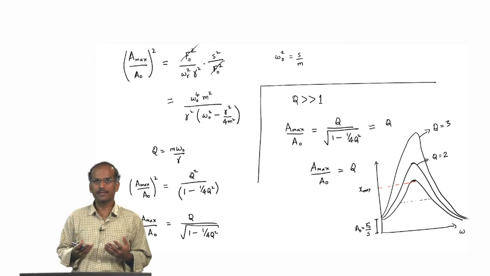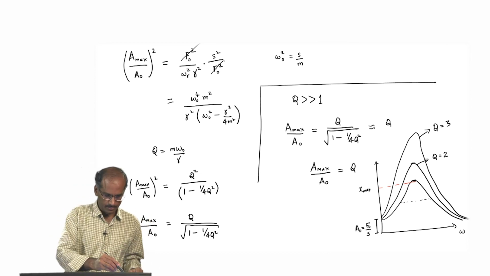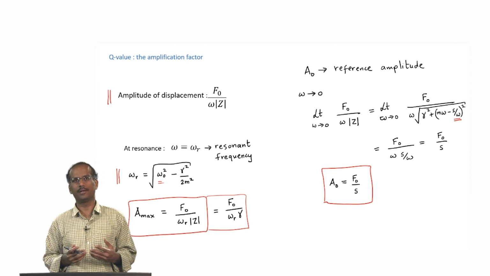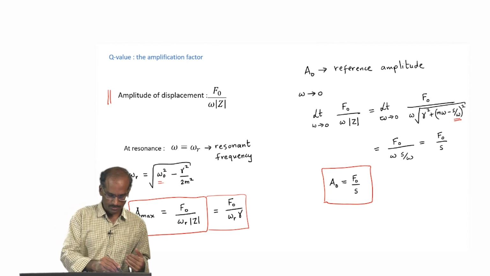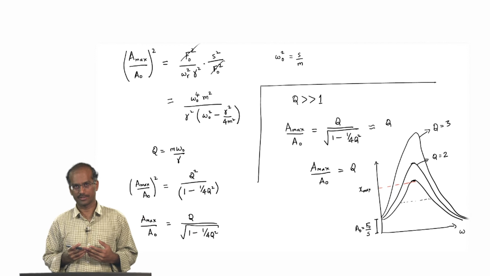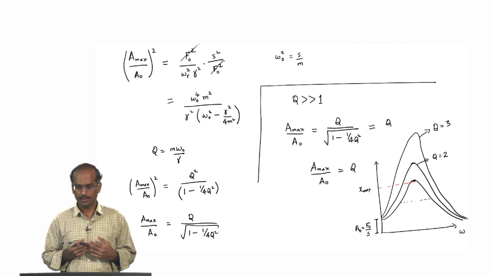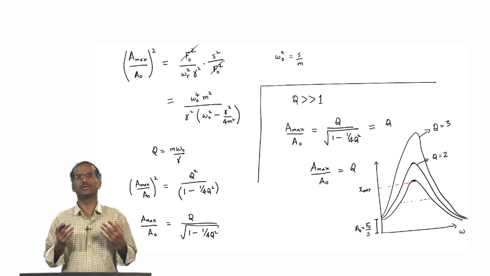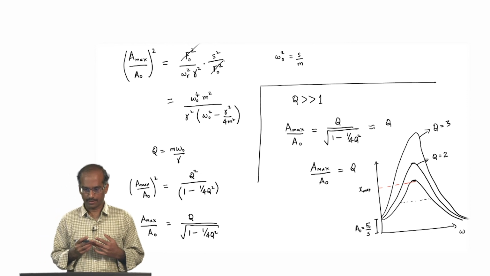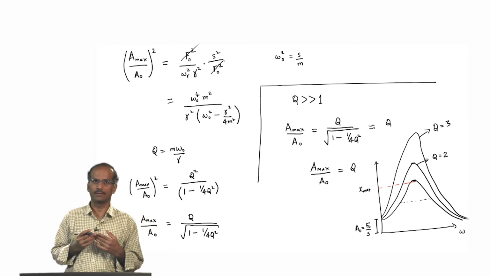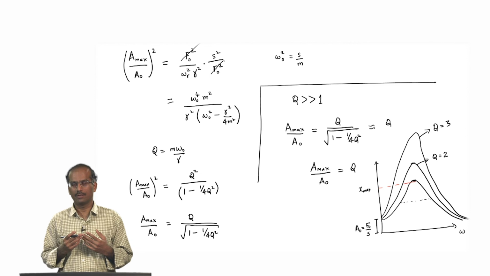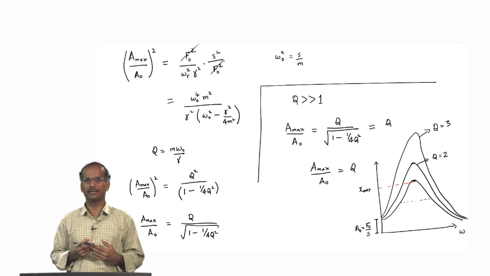So, this is another way of understanding the Q value as telling us about the amplification factor, but ultimately it relates to the same meaning as the original meaning that we had seen earlier.